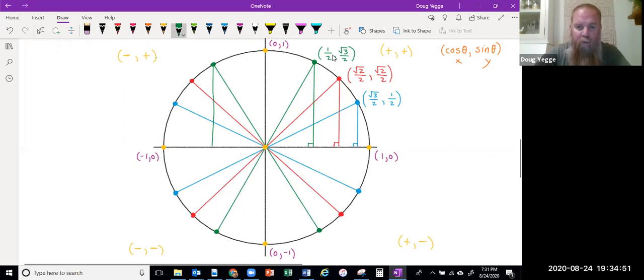Notice that the x coordinate is small, so it's 1/2. The y coordinate is large, so it's √3/2. And therefore, the point is going to be 1/2 for x, except that it is -1/2, while the y coordinate is still √3/2.